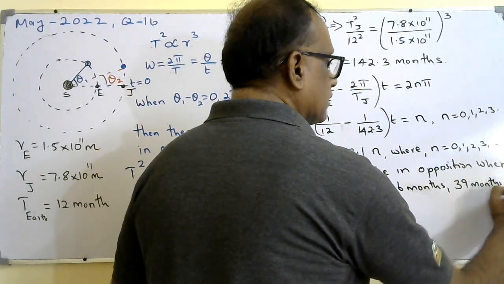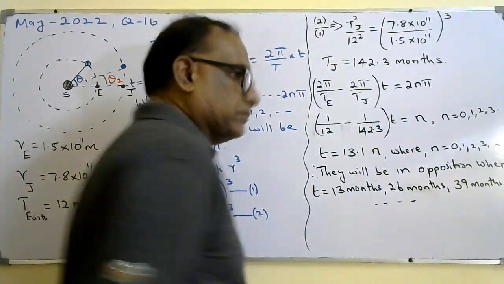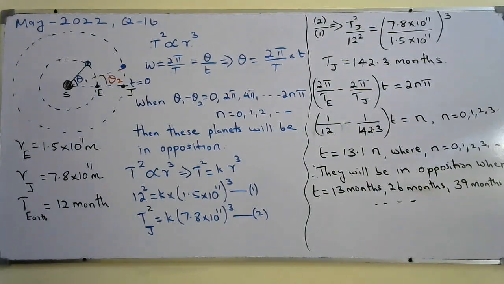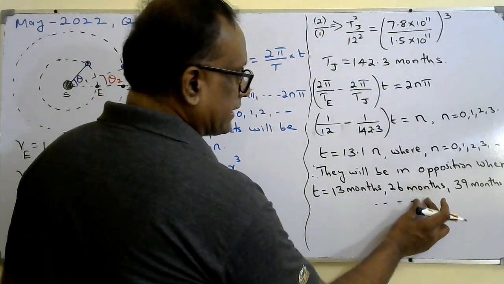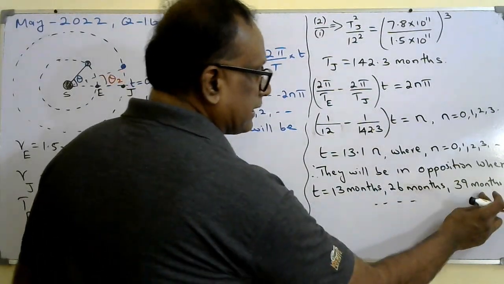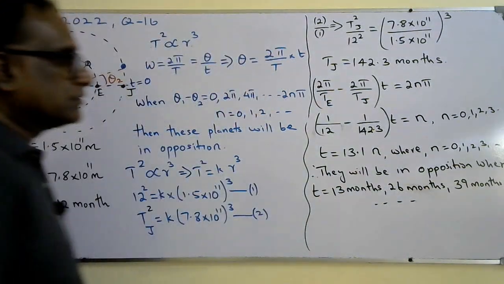The difference between these is 13: 26 minus 13 is 13, 39 minus 26 is 13, and so on. That's the answer for this question.